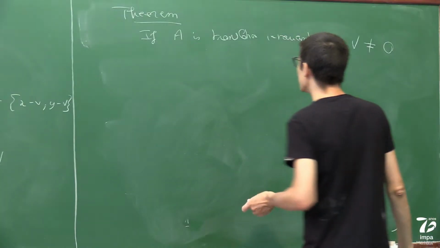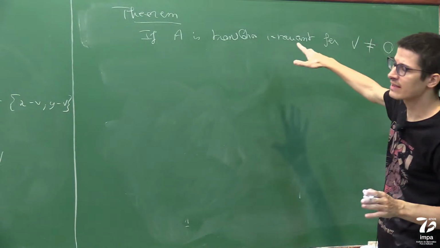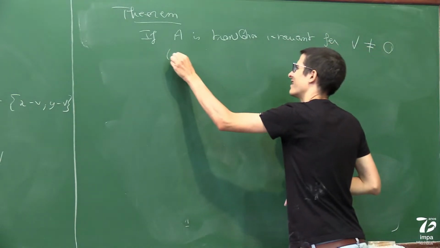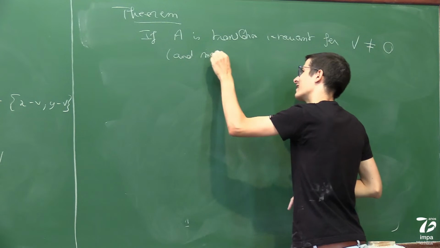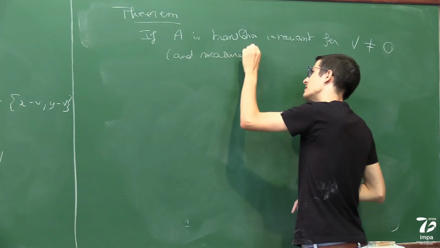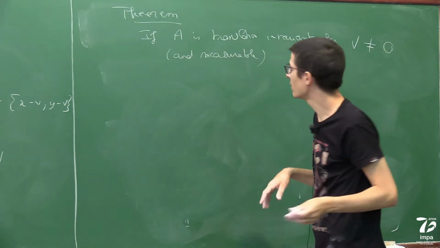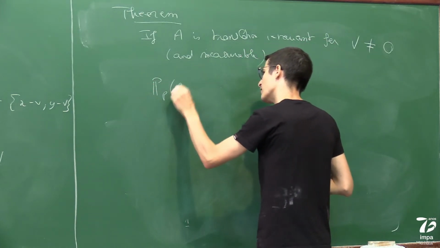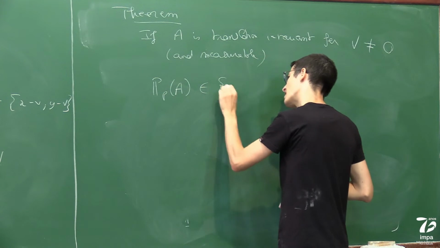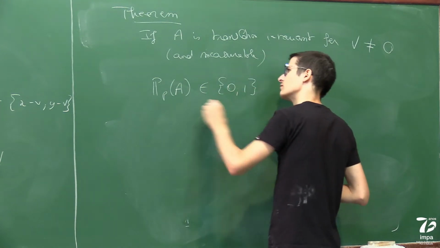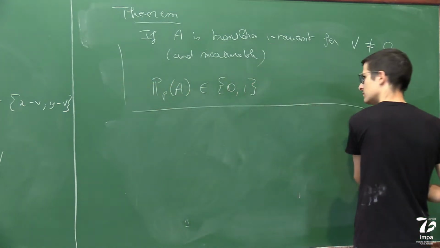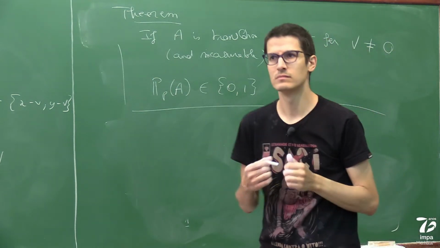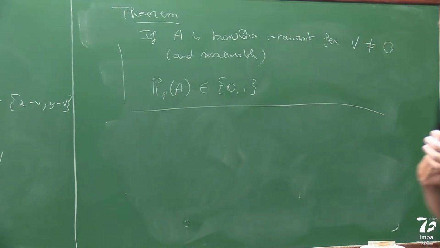So if A is translation invariant, and here implicitly I'm assuming that it's measurable, then P of A belongs to {0, 1}, like the couple 0, 1, not the interval.